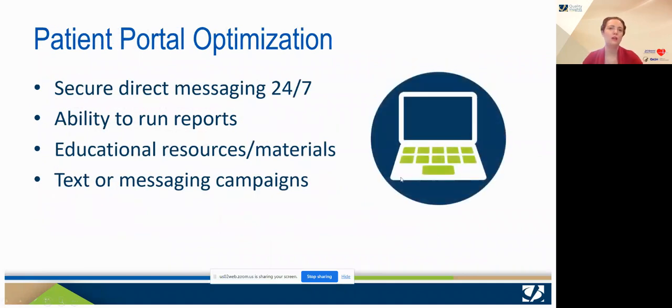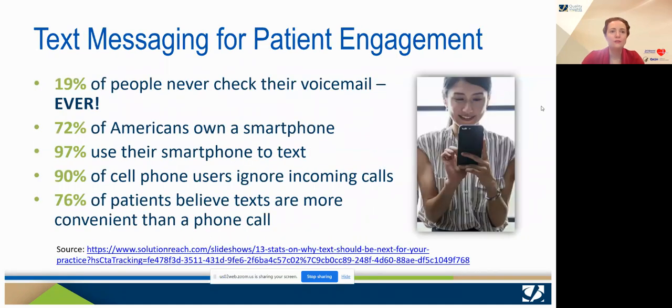Patient portal is valuable. We know more and more that practices are looking at utilizing the patient portal as a way of connecting with their patients and being able to get out materials, education, and things of that nature. We find that text messaging is another way in which to have better patient engagement.